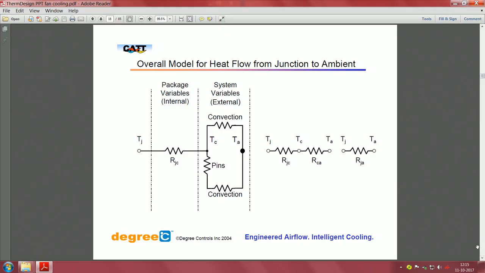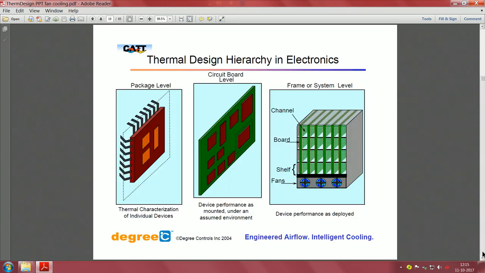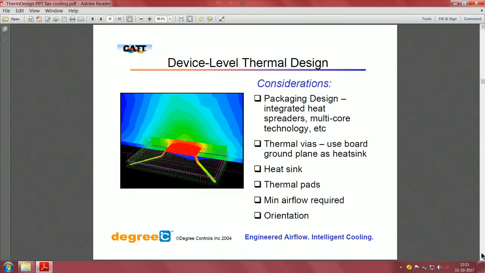This thing can easily be evaluated by the modern programs we have. I have seen all these resistances and all, while that was more a PhD thing. Coming back to it, we have a package level analysis, then we have circuit board level, then we have frame or system level design.